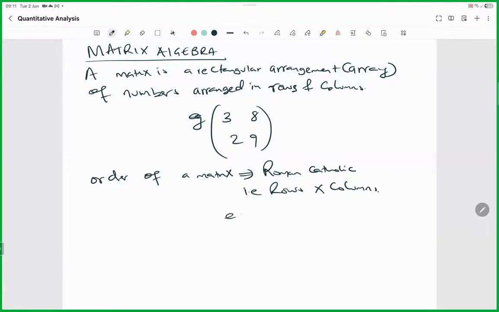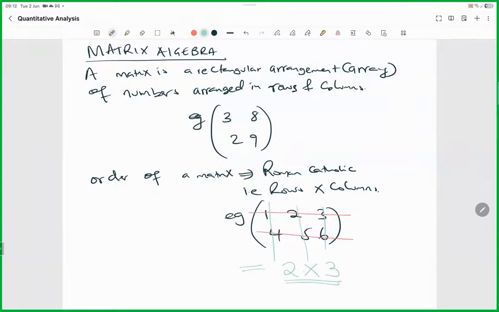For example, if you have 1, 2, 3 and 4, 5, 6 like this, how many rows does this matrix have? Rows move like this, row 1, row 2. The ones moving down are columns. So columns are 3, rows are 2. So the order of this matrix is 2 by 3.